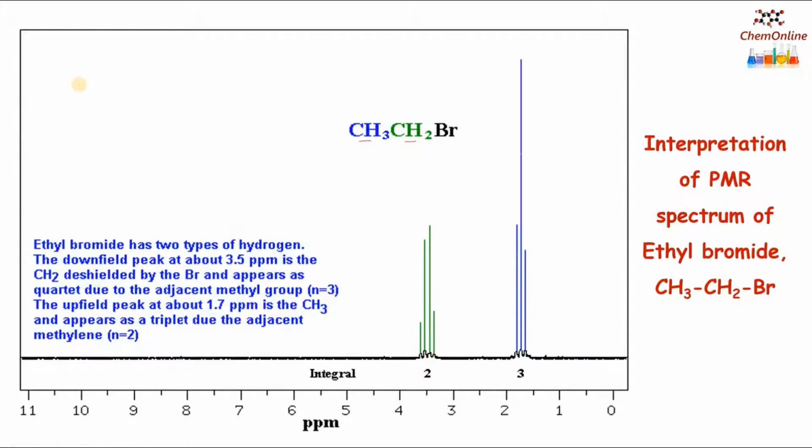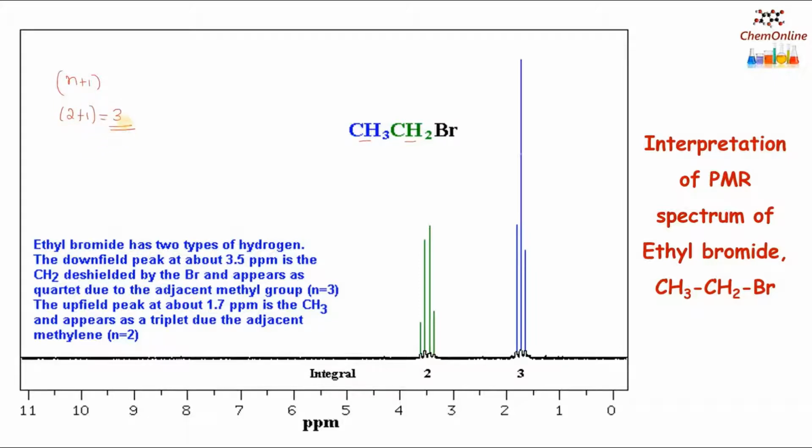We know that the spin of the CH3 protons will couple with the spin of the neighbouring CH2 protons, and according to the n plus 1 rule, what will be the number of lines in the peak due to CH3? We have CH2, that is 2 protons. So according to the n plus 1 rule, we have 2 plus 1 equals 3.